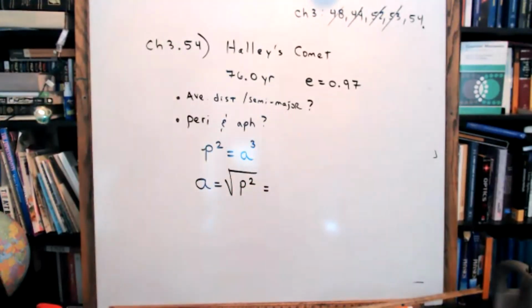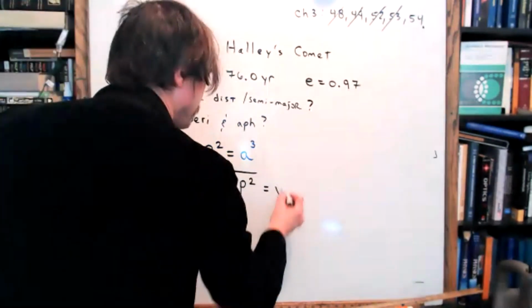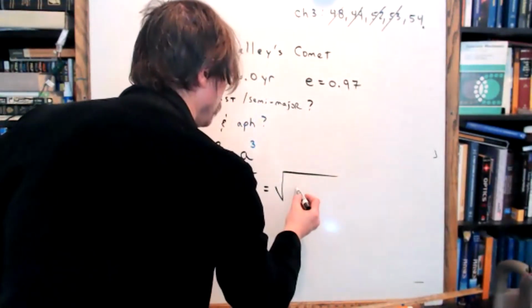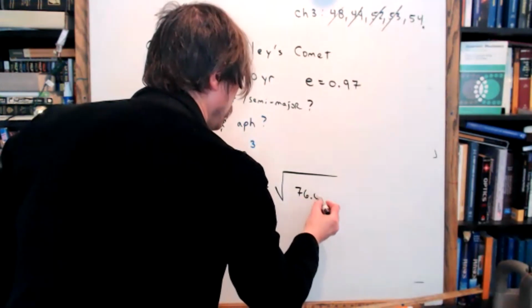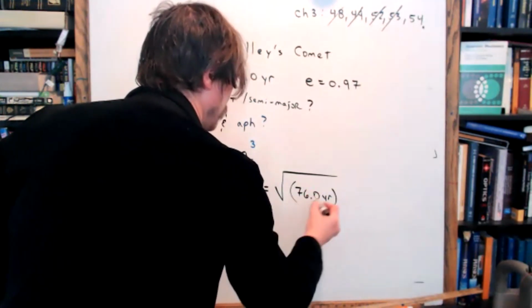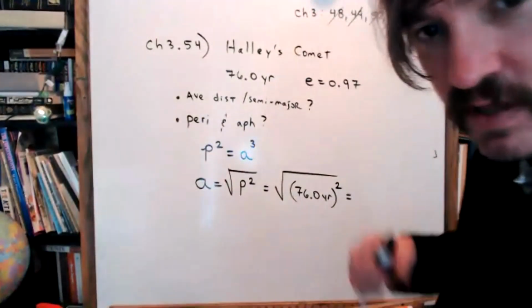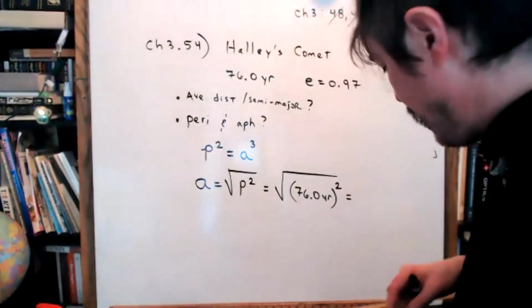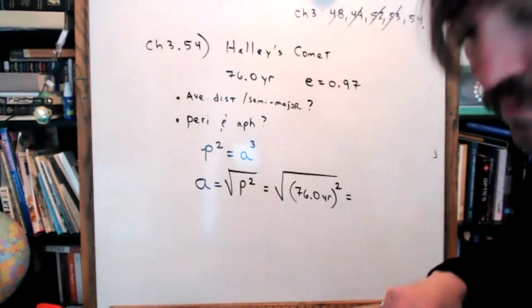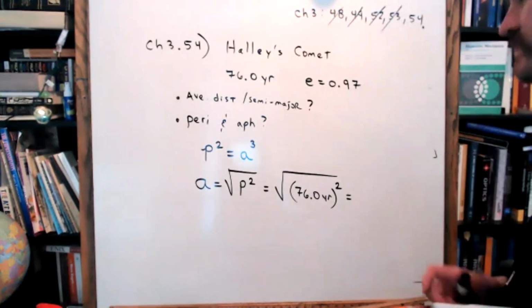I believe we have the period, Ryan, correct? Yes, that would be 76.0 years. Okay. This will be a good test, Nori, to see if you can get it this time without my help. See if you remember how to do that, right? If not, I'll show you again. Punch it up. Let's hear what Nori gets.